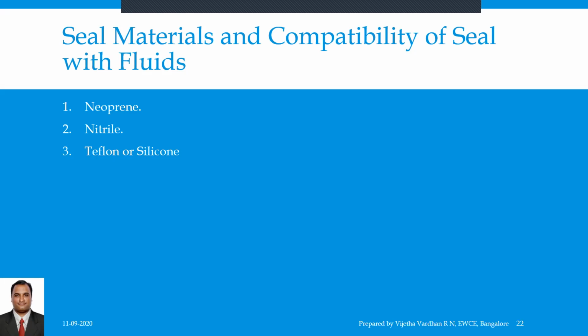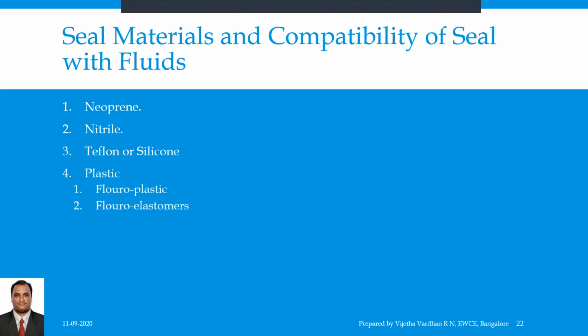At higher temperatures, silicone tends to absorb oil and swell. Silicone seals are compatible with most fluids, even fire resistant fluids. Silicone is not used for reciprocating seals because it tears and abrades too easily.